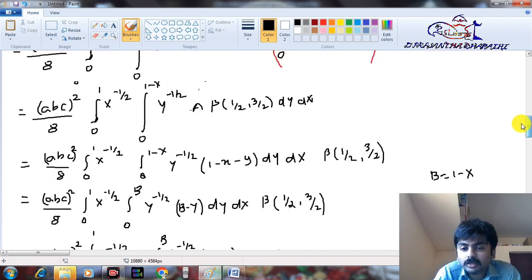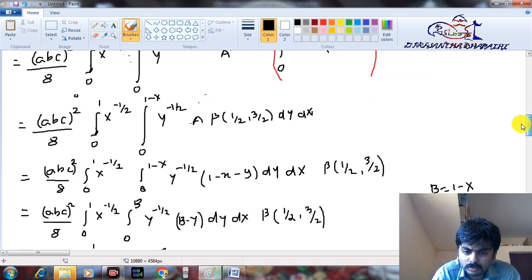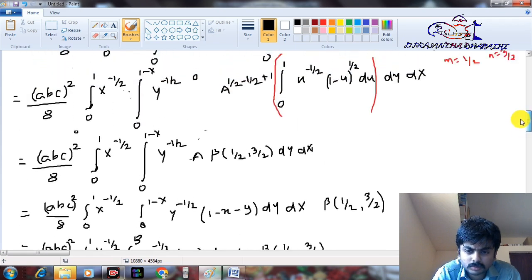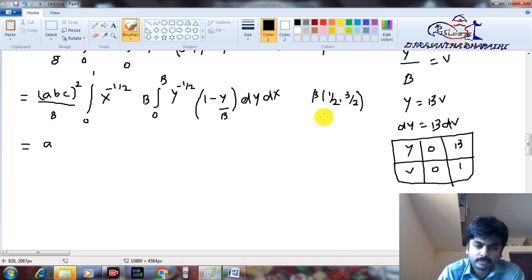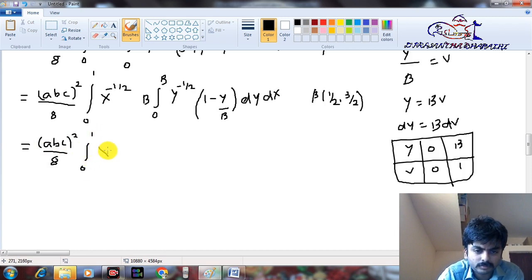Okay, so now we are having, that is equal to here is one constant, beta of 1 by 2 comma 3 by 2, so here (abc)² divided by 8 integral 0 to 1 x power minus 1 by 2, we are having b here.